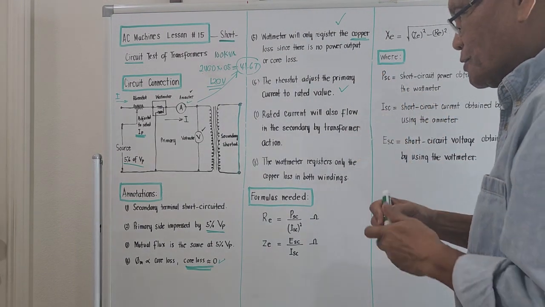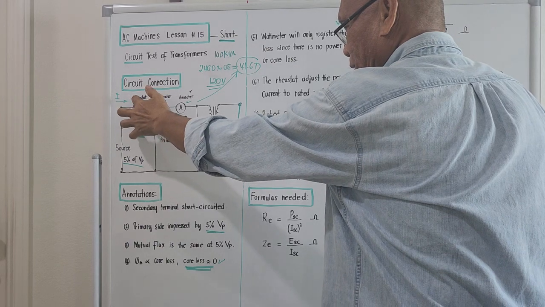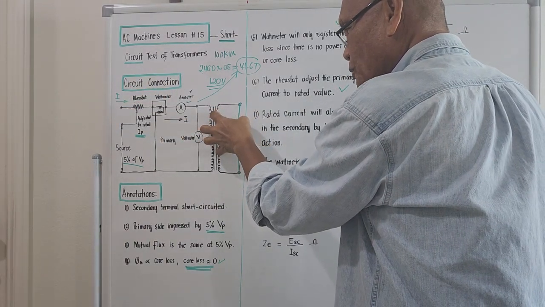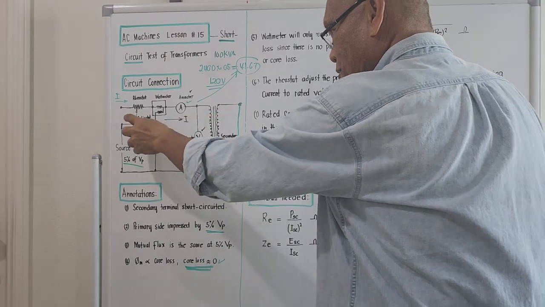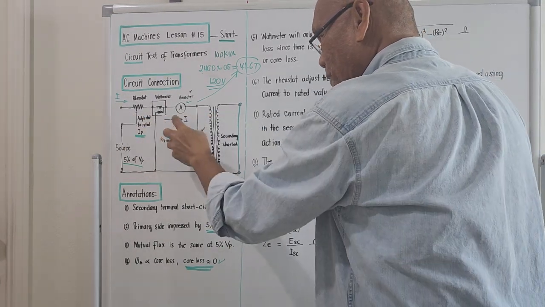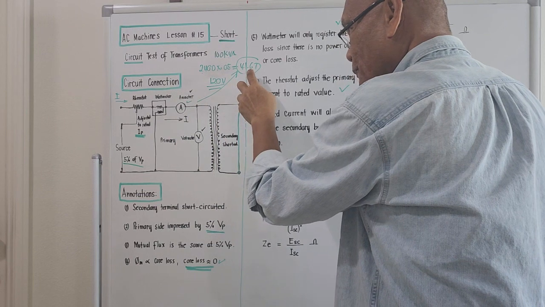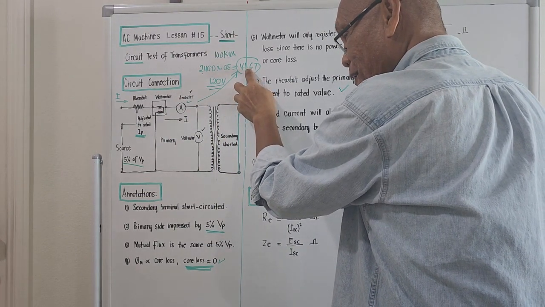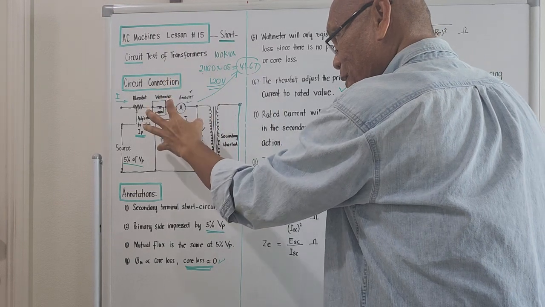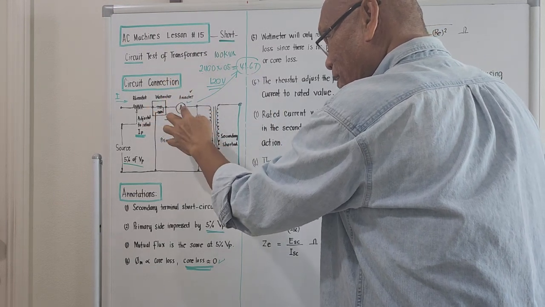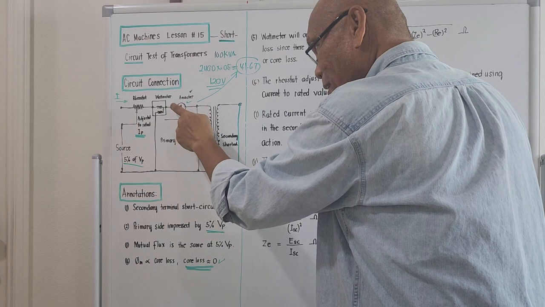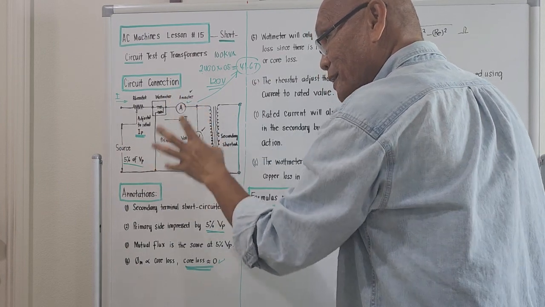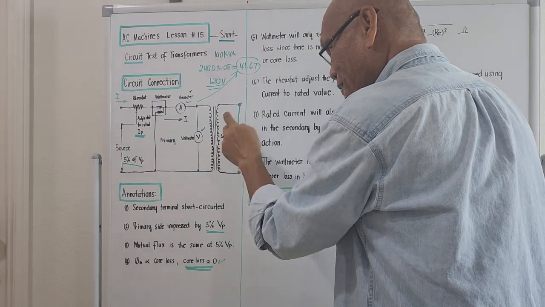The purpose of the rheostat is to get the correct copper loss of the primary and secondary winding. When the current passing here is 41.67 amperes, the rated primary current, stop at that one, because at that current reading there should be a reading for the wattmeter, and the reading of the wattmeter is the copper loss of both the primary and secondary.